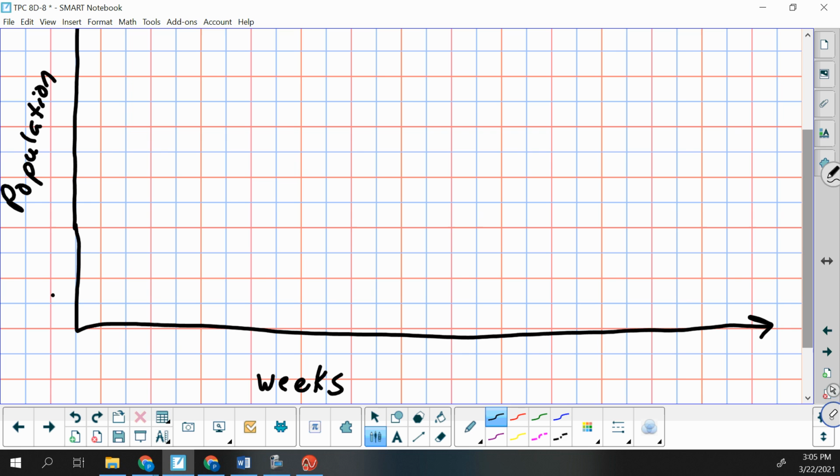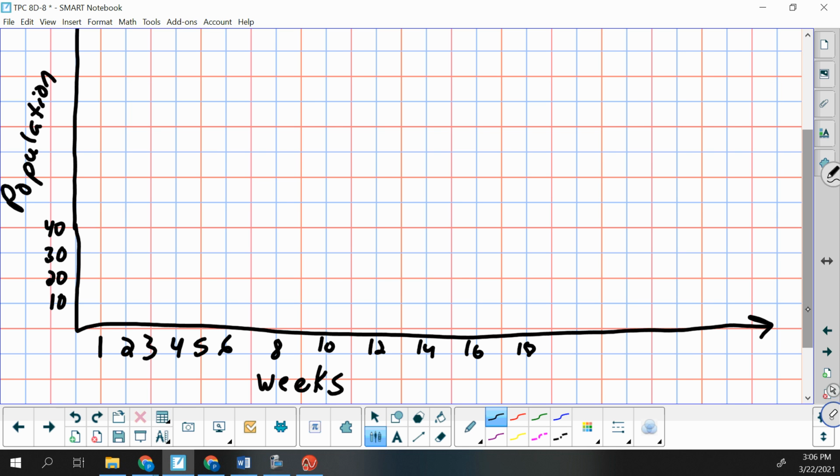On the y-axis, go by tens all the way up to 200. And then on the x-axis, we're going to go by ones, but keep in mind, we're only going to have points for every other. And we've got to go out to 18 weeks because that's what we have.